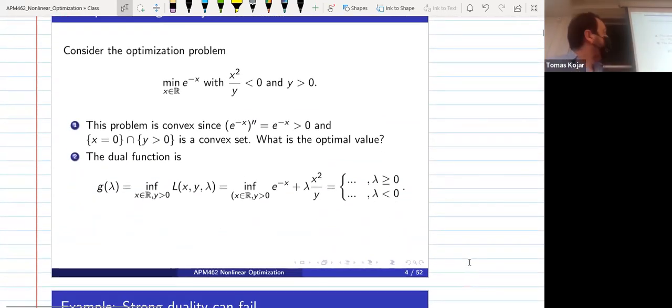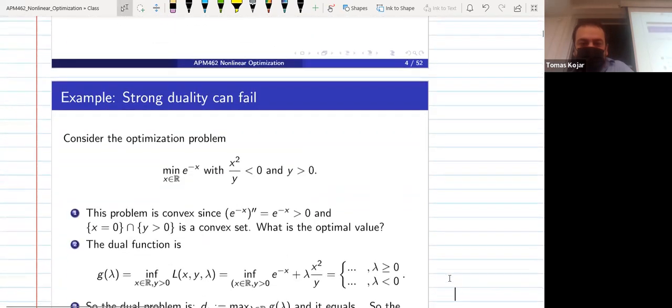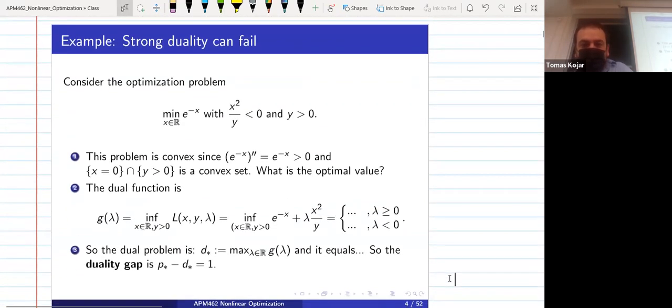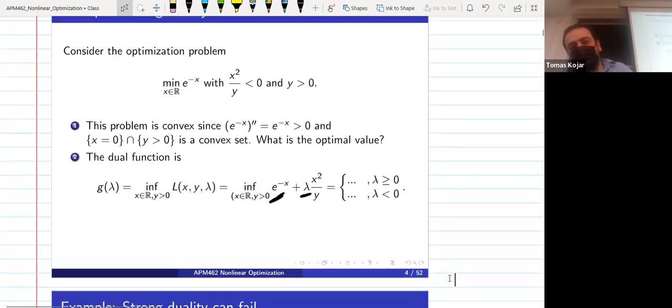But if you compute the dual function, so the dual function is the function itself plus lambda times the constraint. And we talked about this last time. And now I don't remember. So what did we say? I'll do it again.